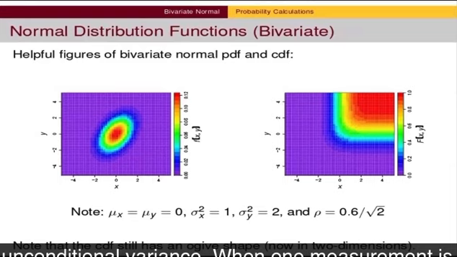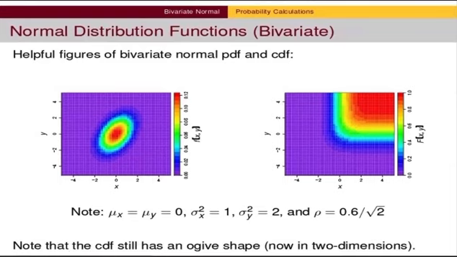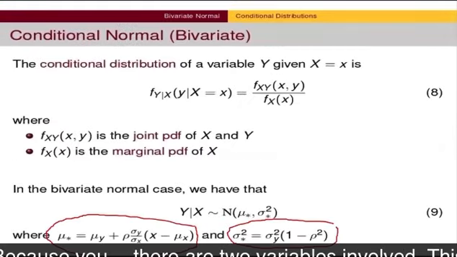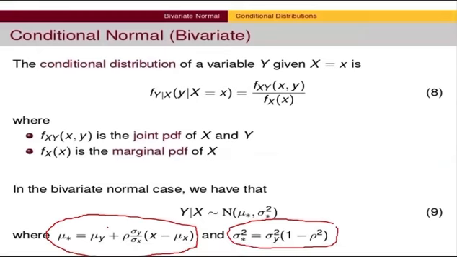When one variable is involved, you only have unconditional mean or variance. But right now, because there are two variables involved, this means I want to get the conditional mean of y given s. I already know s. What would be the mean for y? And I want to know the conditional variance for y.